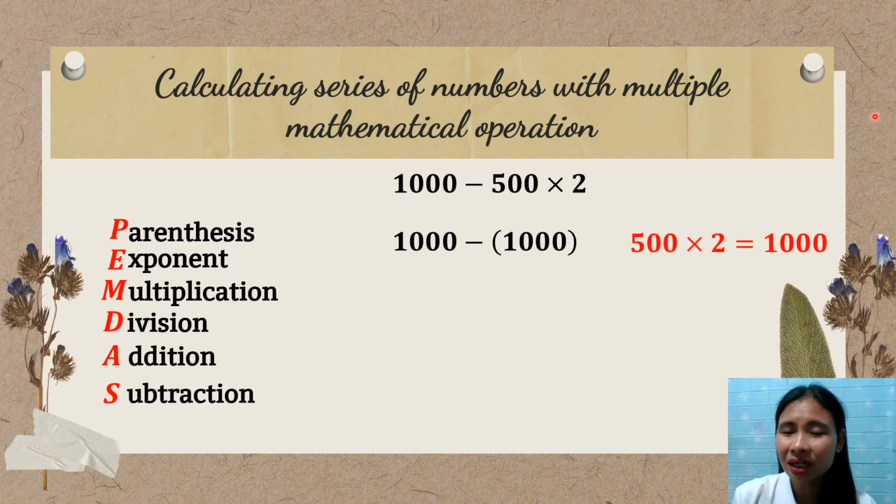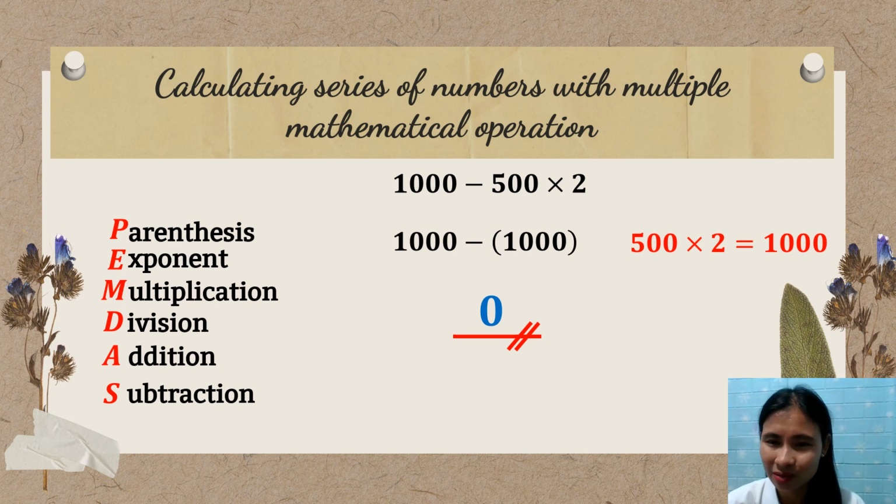Why? We multiply 500 by 2 first, applying the concept of PEMDAS: multiplication first before subtraction. 500 times 2 gives you 1,000, and 1,000 minus 1,000 gives you 0. So the correct answer in that expression is 0, not 1,000. I hope I made it clear.